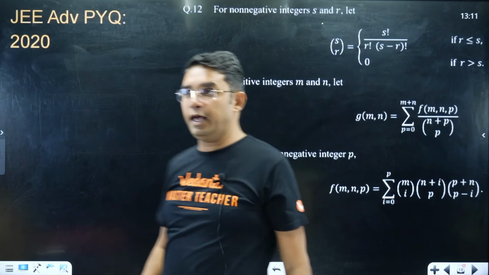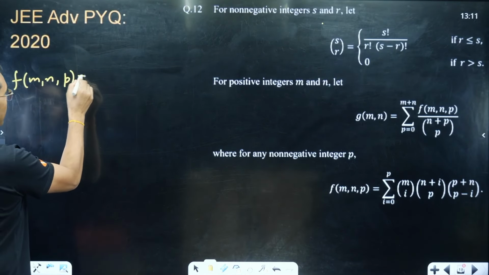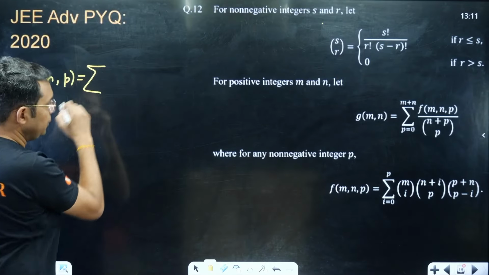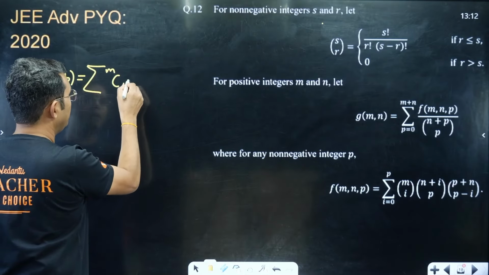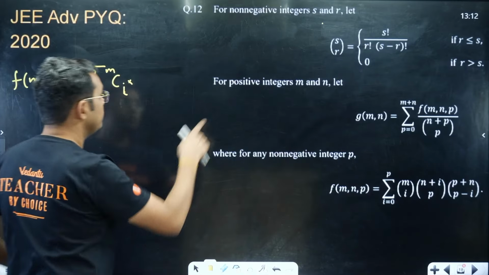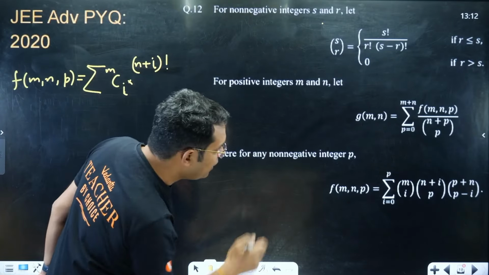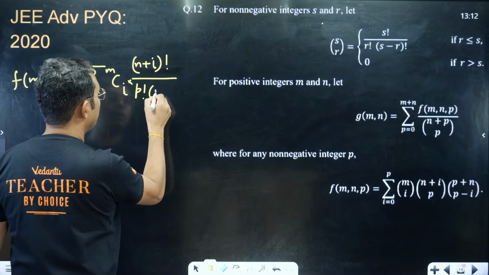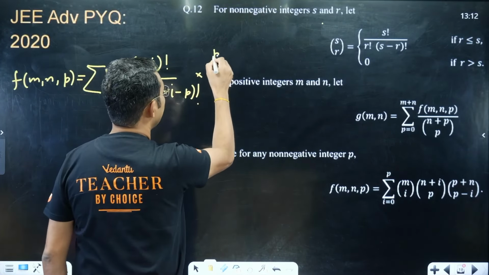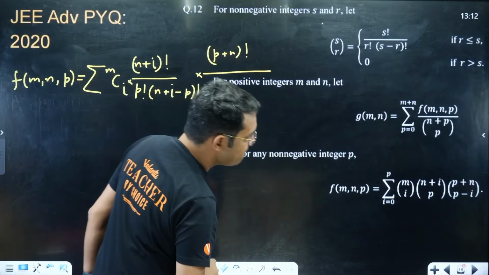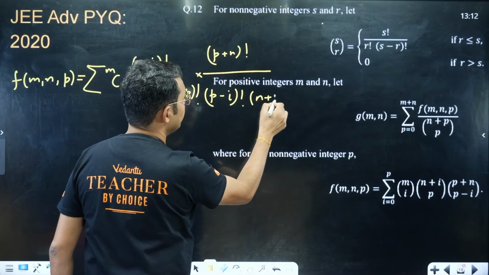So first we will start with this F of M comma N comma P. Here this thing is MCI, into, if I open these two by that expression that they have given, and in fact that's a standard result, it will be n plus I factorial upon p factorial into n plus I minus p factorial, into that remaining thing is p plus n factorial upon p minus I factorial, and if you subtract it, you will be getting n plus I factorial here.